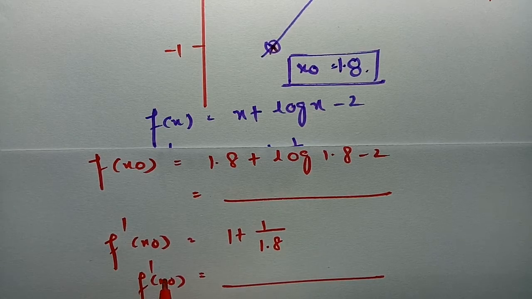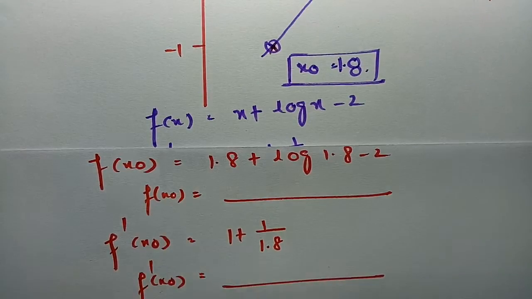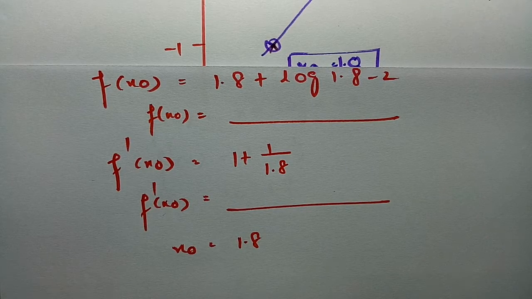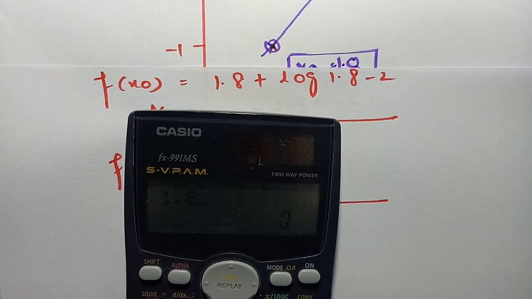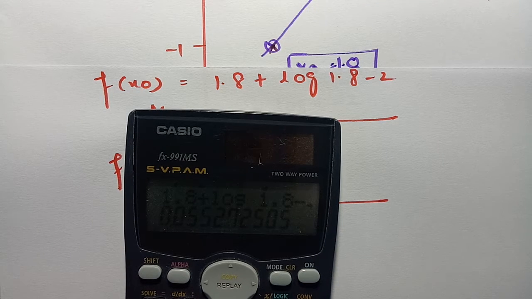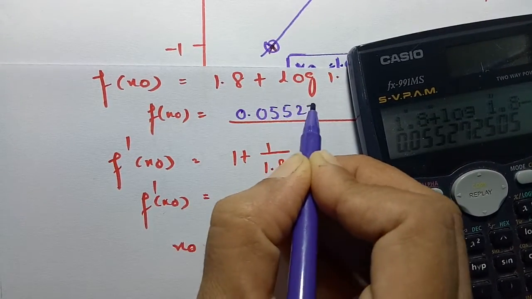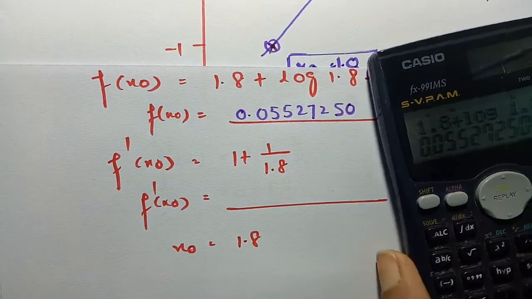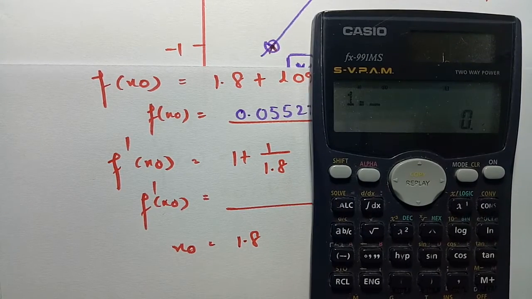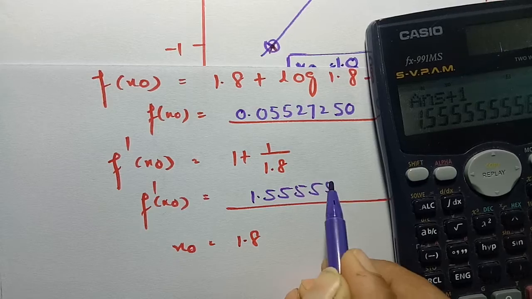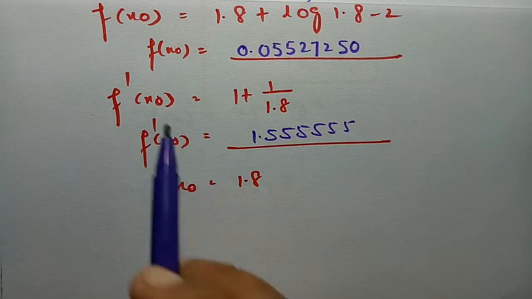So this is f dash of x naught and this is f of x naught, and we got x naught value as 1.8. So let me calculate this value, that is 1.8 plus log 1.8 minus 2. The value here is 0.05527250, and the next one here is 1.8 inverse plus 1. The value here is 1.555555 and so on. So all the values are ready here.